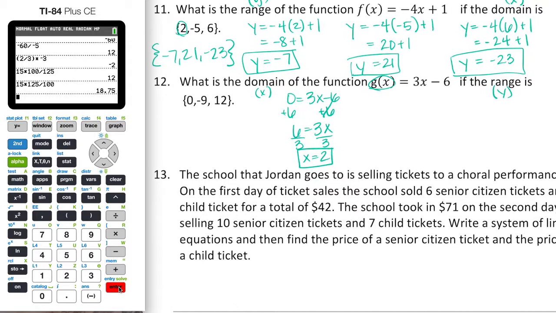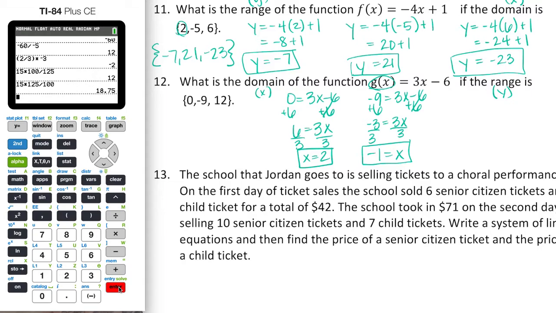And then we have to plug in -9. So -9 equals 3x minus 6. So same thing, we're going to have to add 6 to both sides. -9 plus 6 is -3. So -3 equals 3x, divide by 3. And -1 equals x.